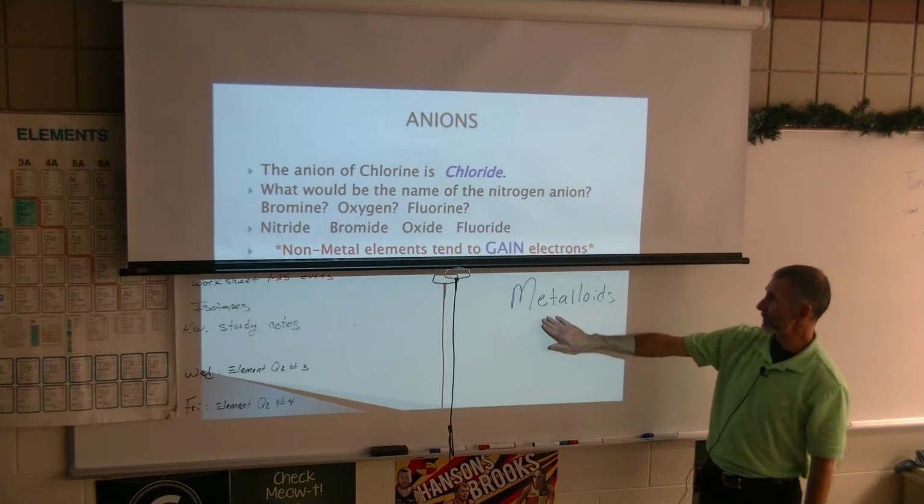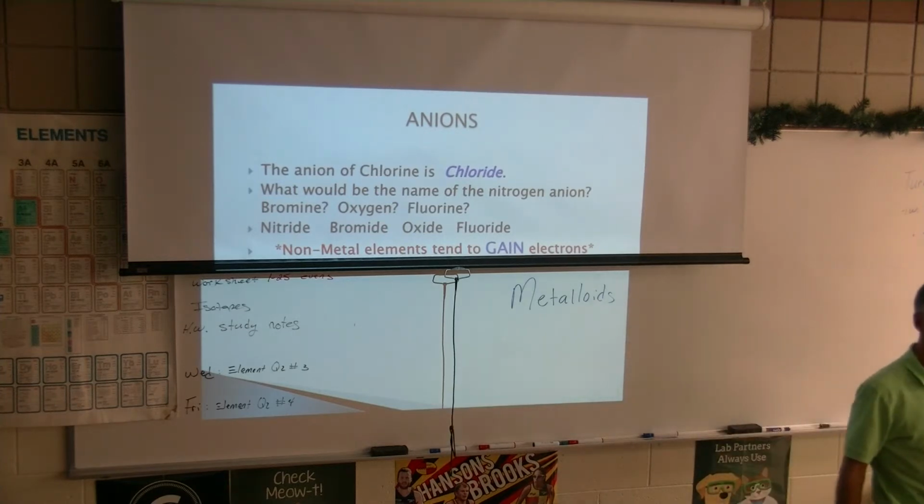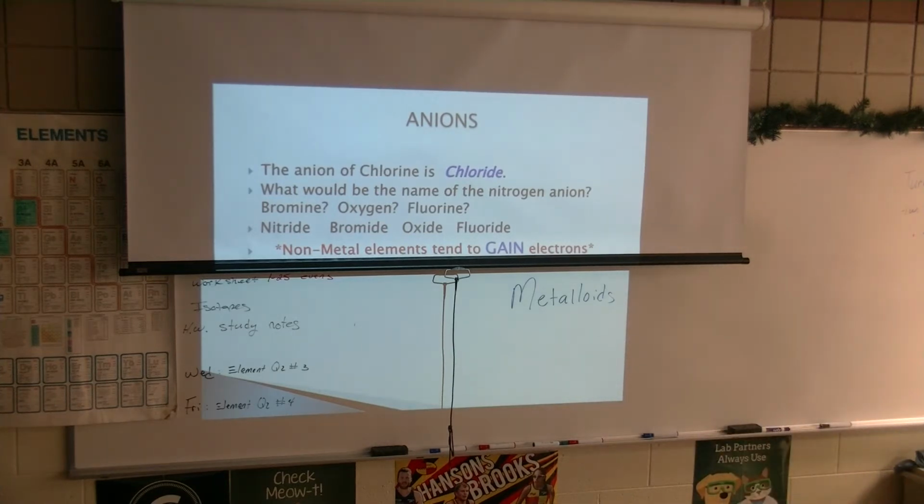And now we have these substances called metalloids. A metalloid is a substance that has both metallic and non-metallic characteristics. Okay, a metalloid has both metallic and non-metallic characteristics.